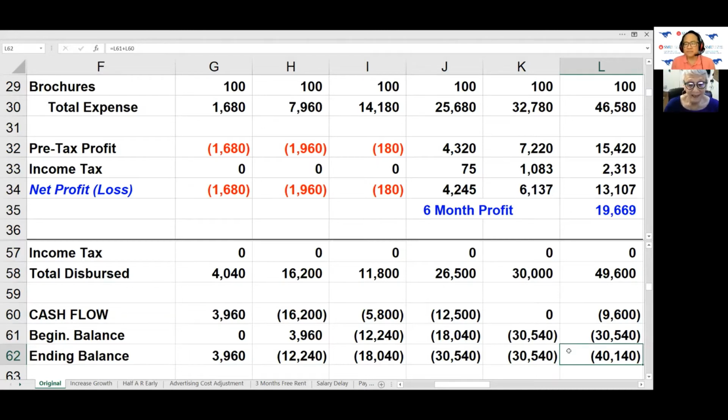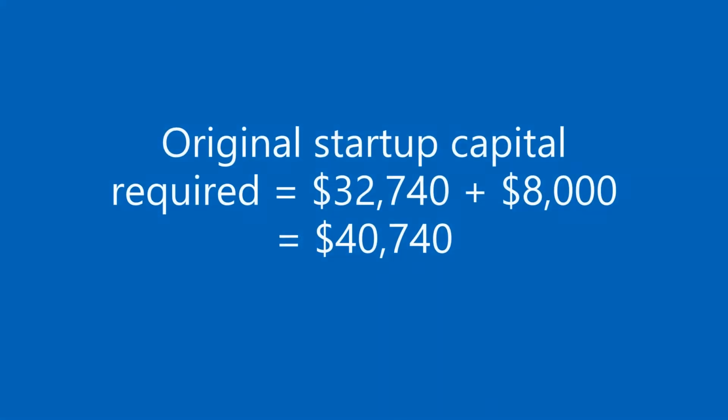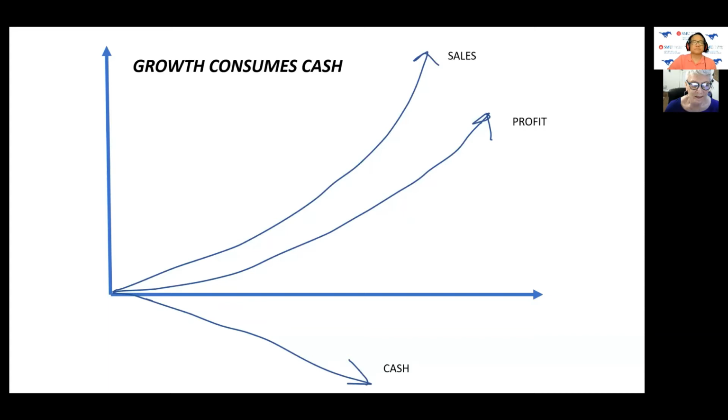Well, let's look at our growth consumes cash slide, Simon, and see if we can explain what's happening. Okay, let me share that. All right, so especially for startup companies, Simon, but this even happens to bigger companies.